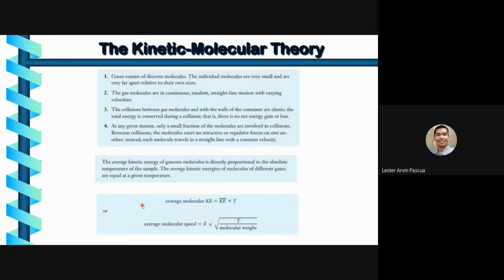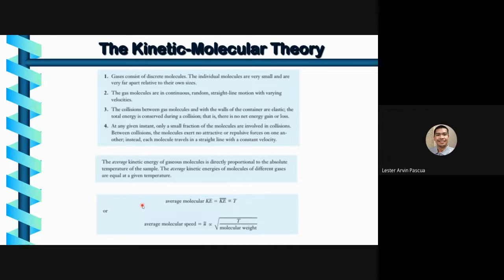So, I think mas important na pag tignan natin itong kinetic molecular theory. Itong kinetic molecular theory is parang ito yung pagtingin kung paano nangyayari yung collisions ng mga gas molecules mo. Kumbaga, ano na yung nangyayari at the molecular level dun sa mga gases mo in your container. Okay?